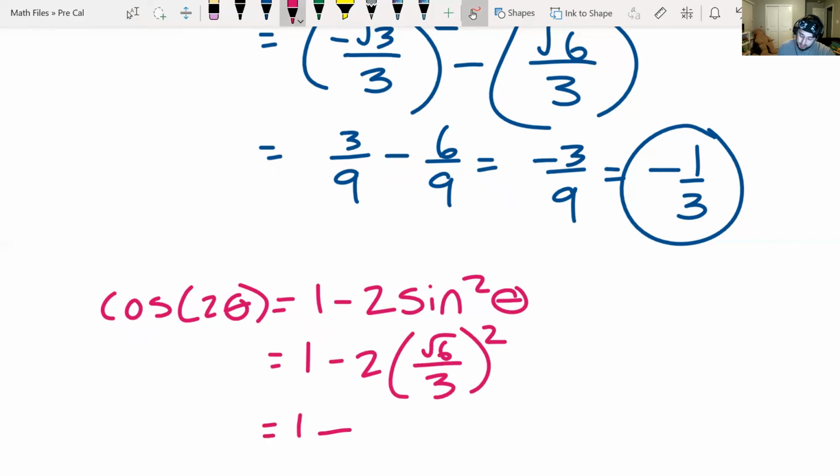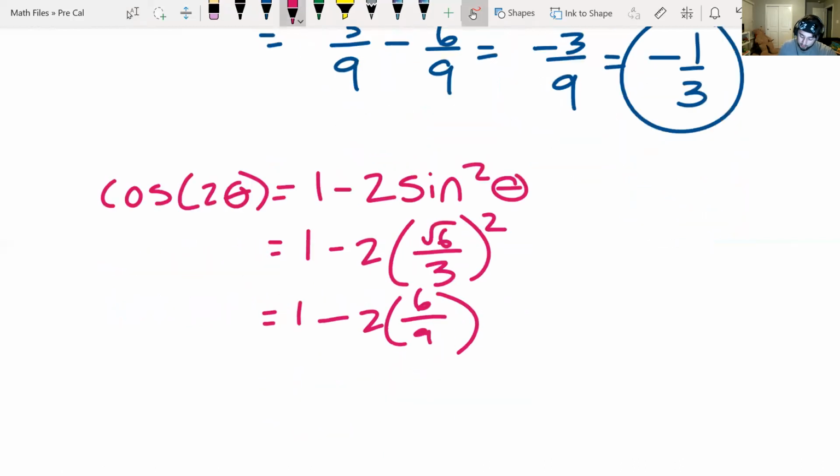I'll get 1 minus 2 times 6 over 9. Then this will give me 1 minus 2 times, this becomes 6 over 9, reduce that by 3, you get 2/3.